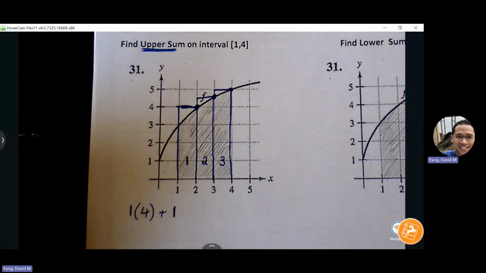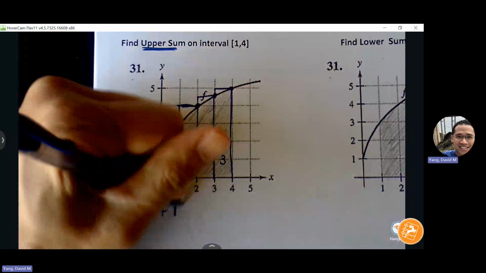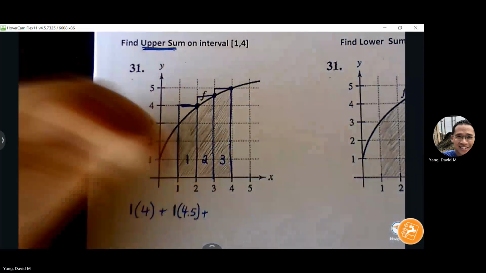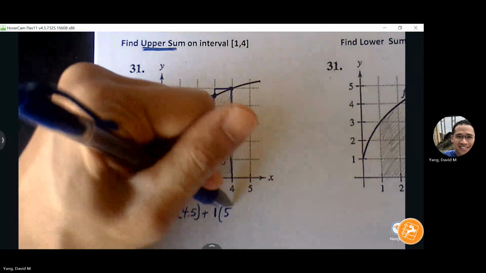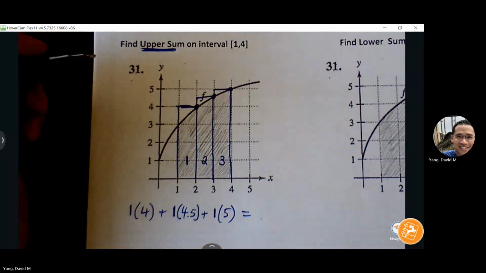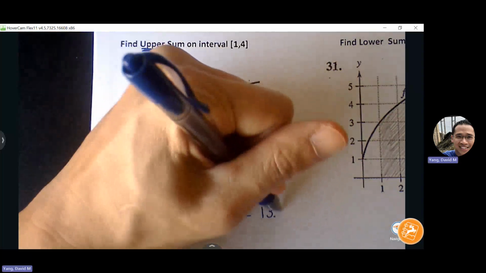What's the height of my second rectangle? Our best approximation looks like it's 4.5, so we'll stick with that. And then the third rectangle, width of 1, height of 5, yeah. The total is 13.5, right?